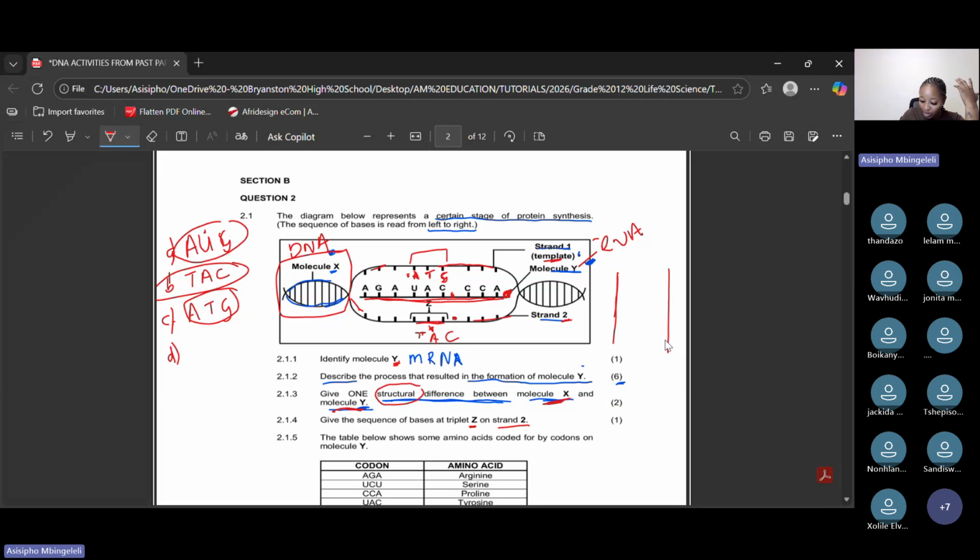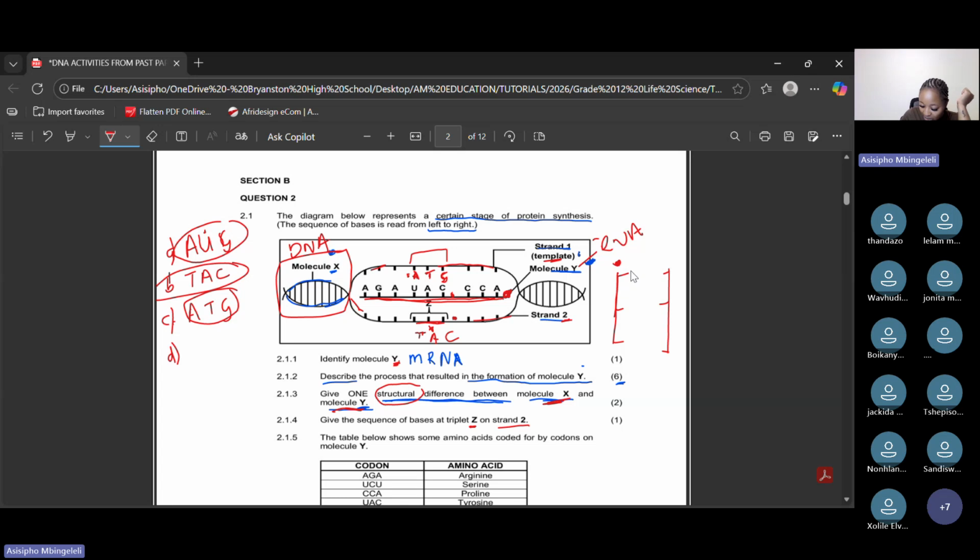Now my pen is going to be too slow for me to have a proper example, but if these are the bases in our 2 strands, for example, okay, so if this one is our template strand, I'm putting a dot there to just show that this is the template strand. But these 2 strands were once bonded together by weak hydrogen bonds.